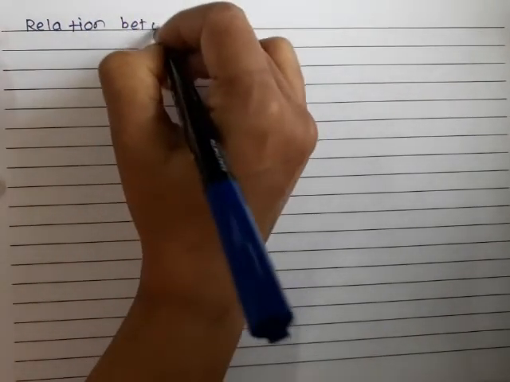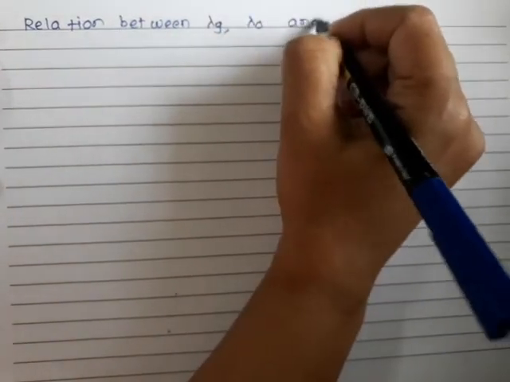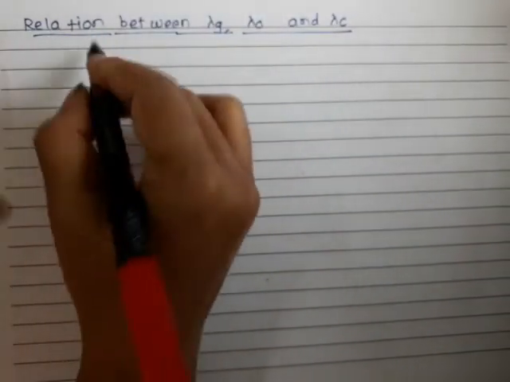Now let us talk about the relation between lambda 0 and lambda c. So we'll see the relation between lambda g, lambda 0 and lambda c. But before talking about the relationship of these three wavelengths, we'll see what we mean by lambda g.